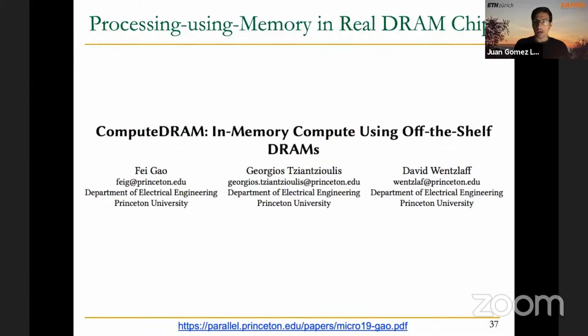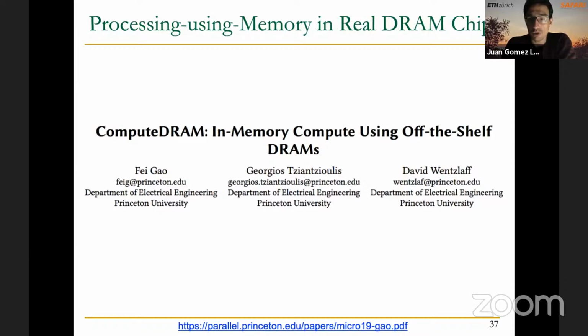Okay, so as I said in the previous slide, the real-world processing in memory architectures for now are following this processing near memory approach, where the processing elements are placed near the memory, but not inside the memory arrays themselves, right?